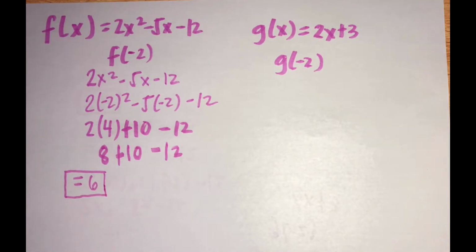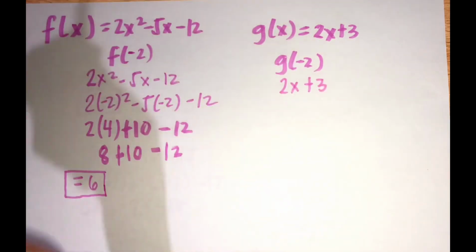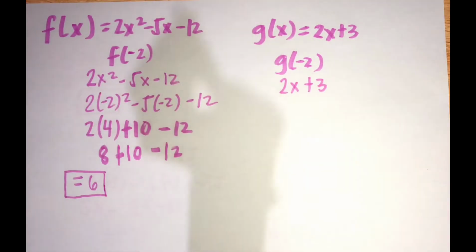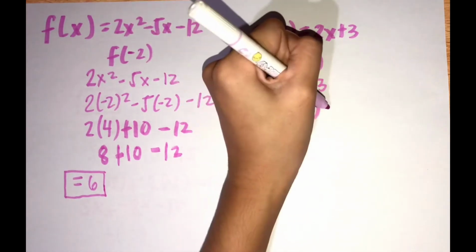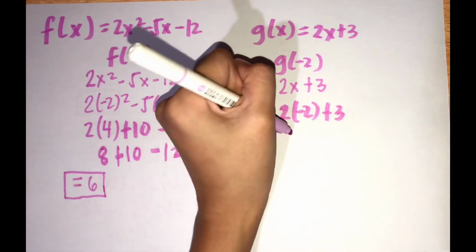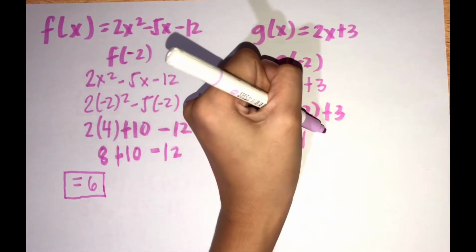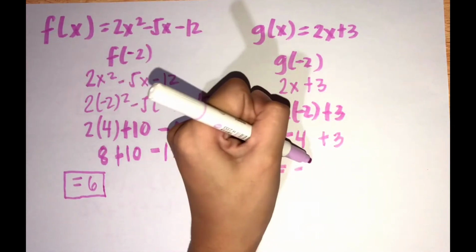Our g of negative 2 is 2x plus 3. Now let's replace that x with negative 2. So we'll have 2 negative 2 plus 3. 2 times negative 2 is negative 4 plus 3 is equal to negative 1.